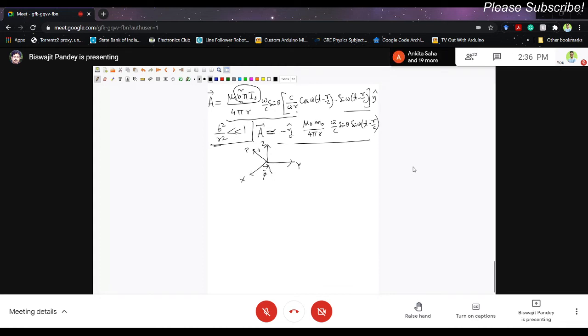So phi cap and y cap are identical in this case, because our field point is situated on the xz plane, and at the field point P, y cap is pointed along the phi cap direction. So you can write this to be phi cap.